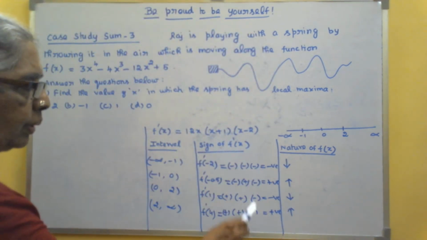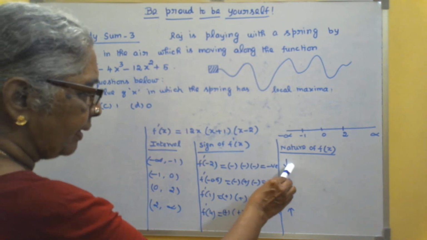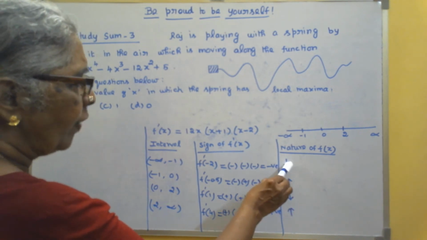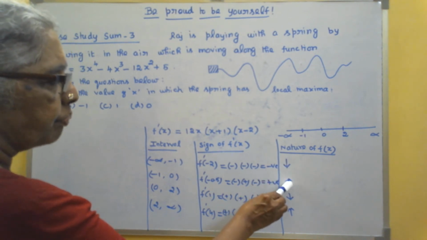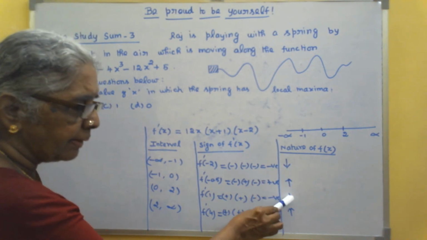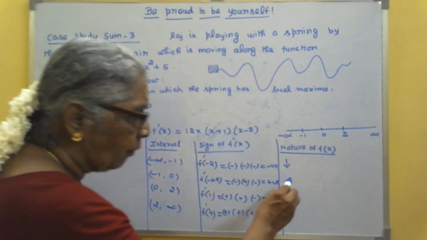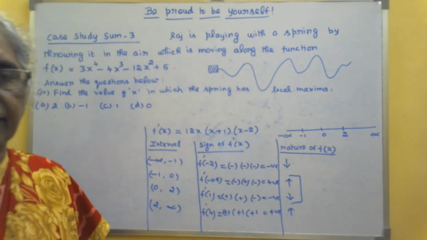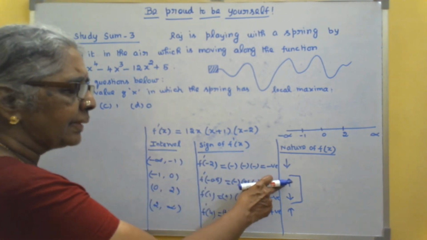So here come to this table. Here if you see, this is decreasing, this is increasing. So from decreasing to increasing, that will be minima. If you come to the second and third, from increasing to decreasing, do you follow? If you look at the second and third, that is in the interval minus 1 to 0, this is increasing.